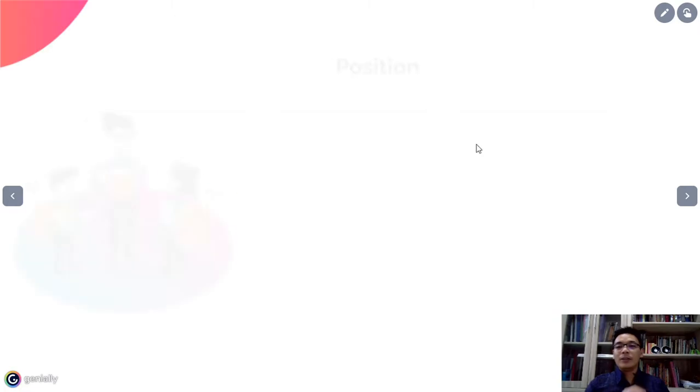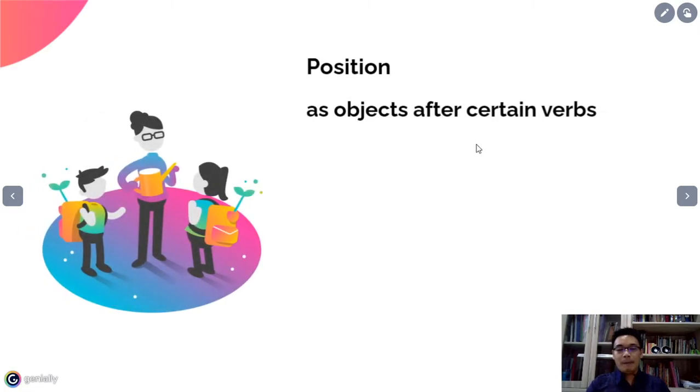Now let's talk about the position. The position of to infinitives is as objects after certain verbs. So to infinitives come after certain verbs.